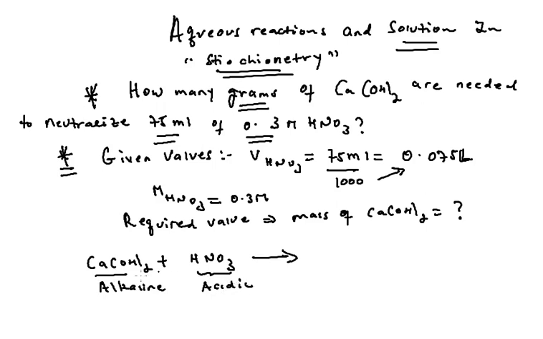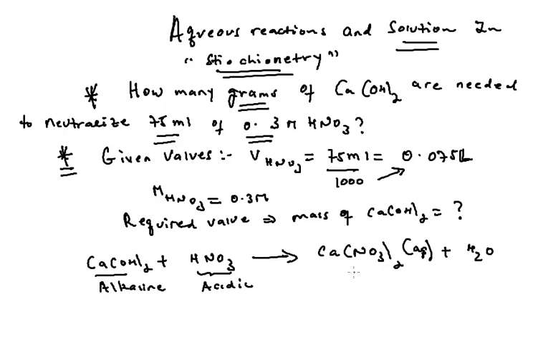When they react, you get salt and water. The salt that we get here is calcium nitrate, which is aqueous, and water. And remember, when you do any type of equation, the equation always needs to be balanced.